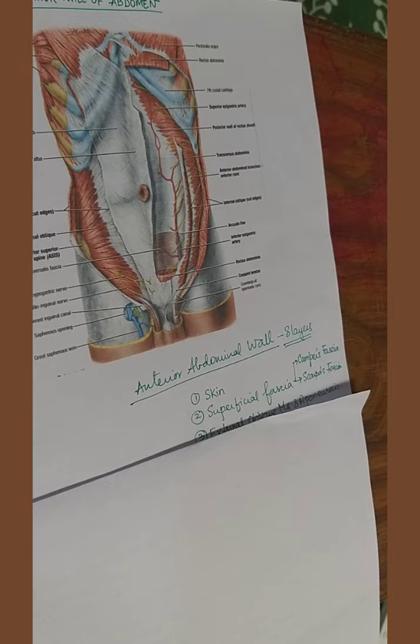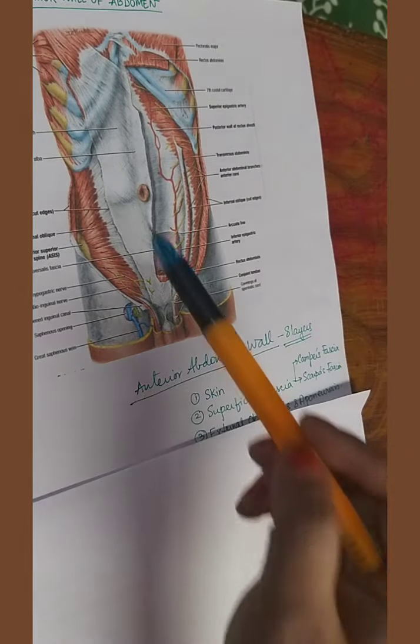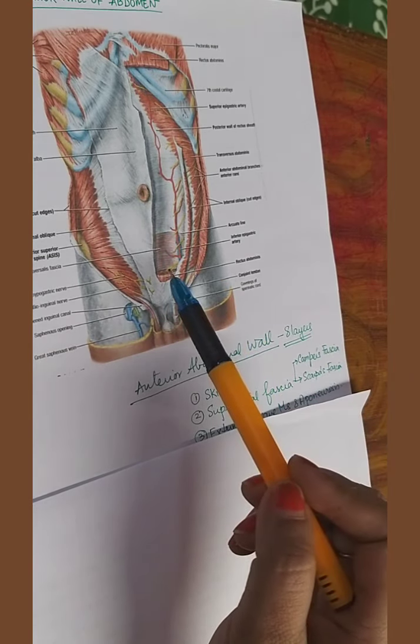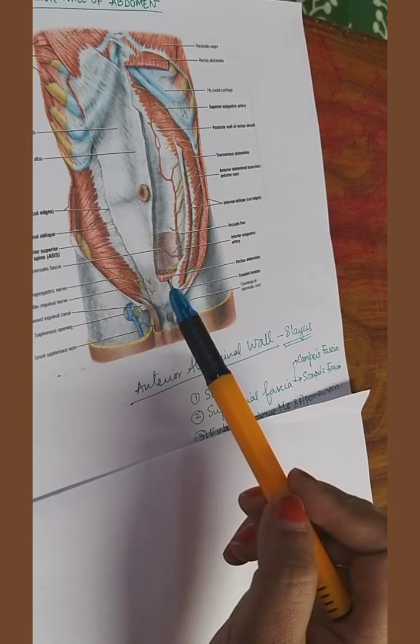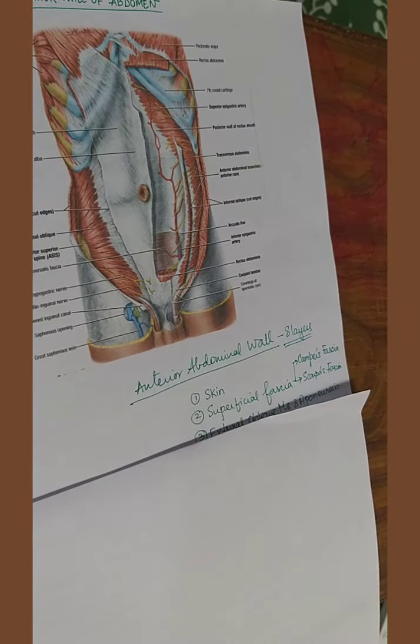And the fascia of Scarpa, which is the membranous elastic fibrous tissue, has a few modifications. In the midline, it is attached to the linea alba, and is continued in front of the symphysis pubis as the fundiform ligament of the penis.